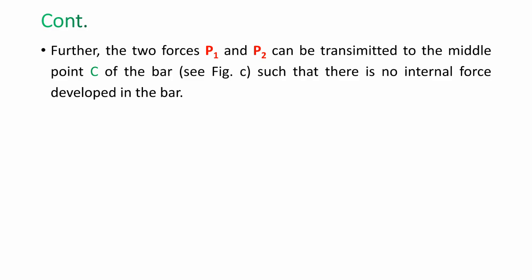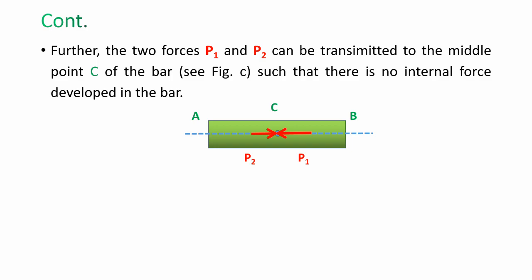In the next case, I am using the transmissibility of the force again. The two forces P1 and P2 can be transmitted to the middle point C of the bar, such that no internal forces are developed in the bar. That is the condition I have given here.